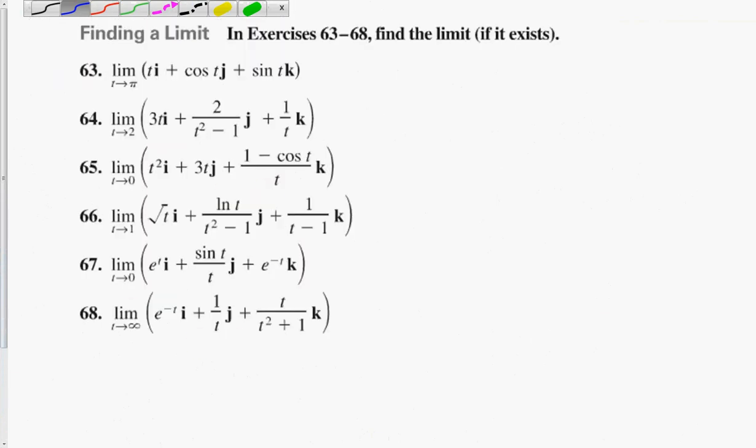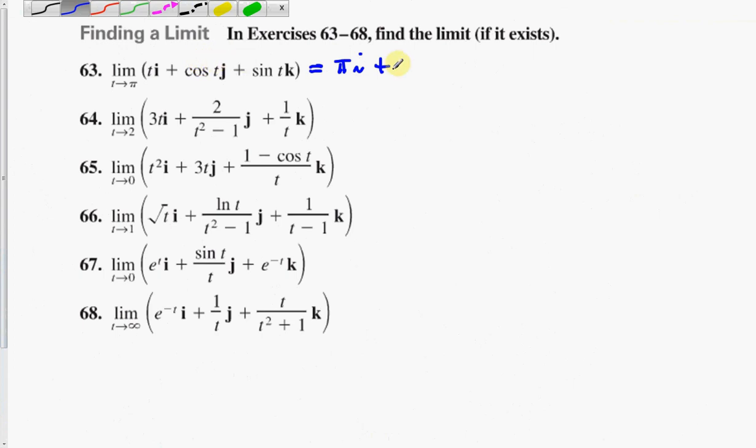Now next, let's compute the limit. Very straightforward from before, from calculus 1. So for this limit, we evaluate t at pi. So this becomes pi i plus evaluate cosine at pi.